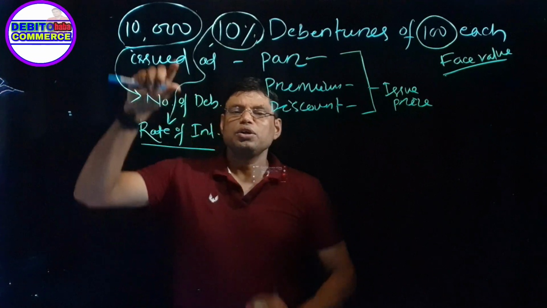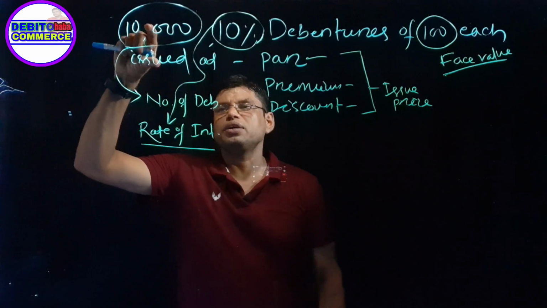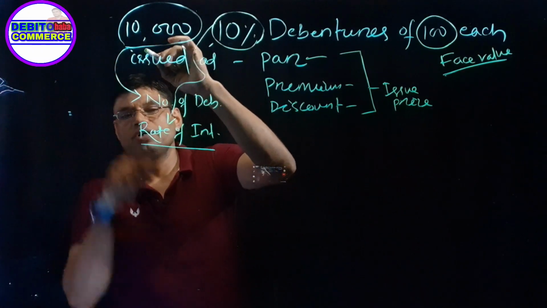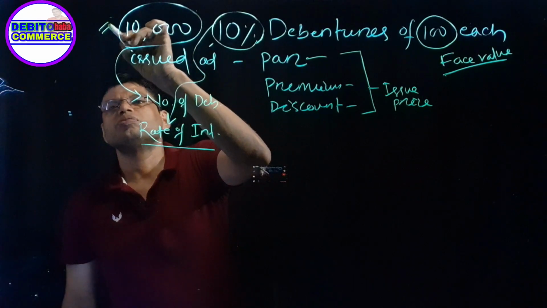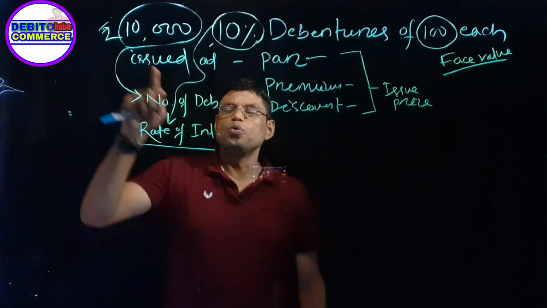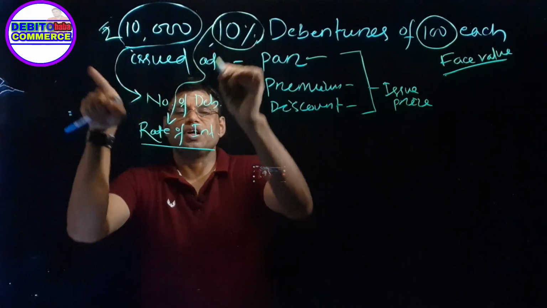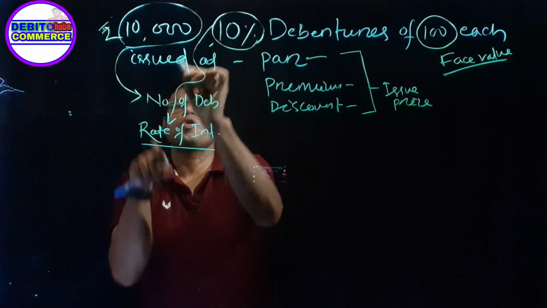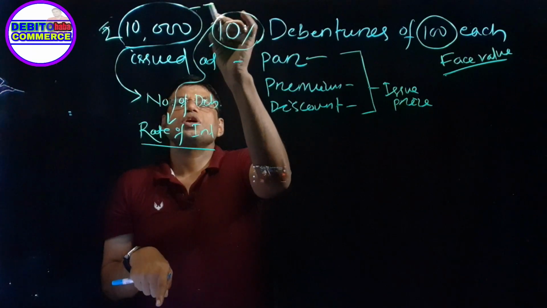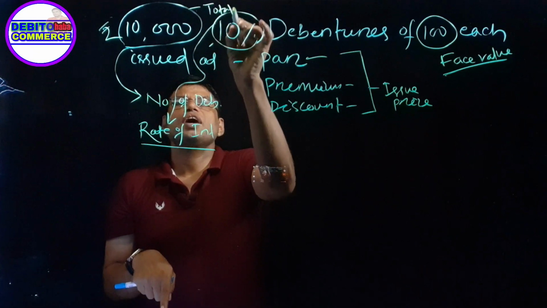So once again, this particular 10,000 sometimes may appear in rupee form, Rupee 10,000. That means this is known as the total face value. If it is appearing in rupee form, we can say this is the total face value.